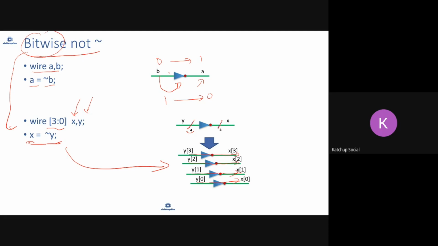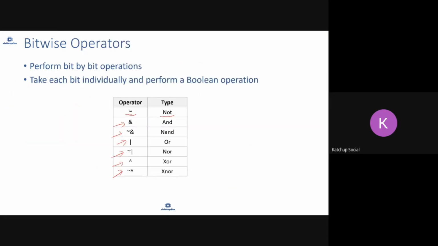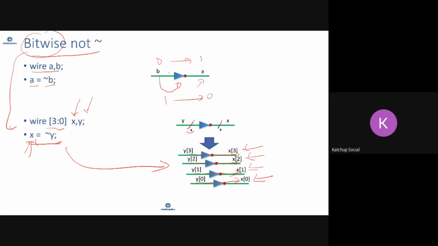The X3 bit is the inverse of Y3. The invert operation is happening on each of these bits individually to create the X output. That's why it is known as a bitwise operator. It will take each bit individually and perform a Boolean operation.